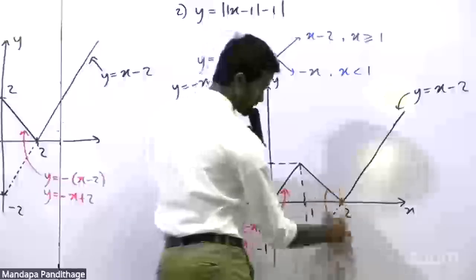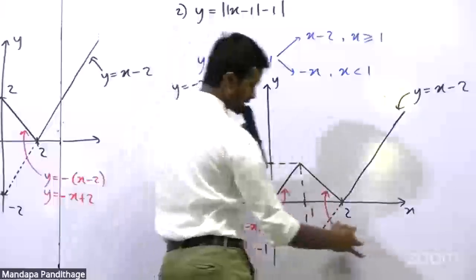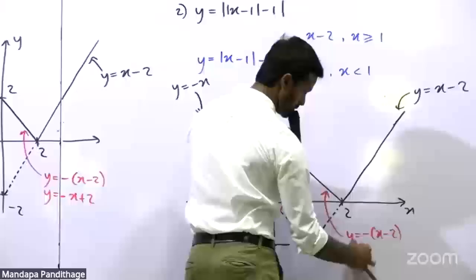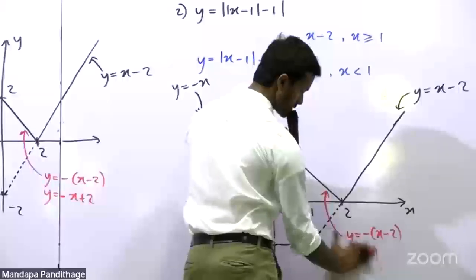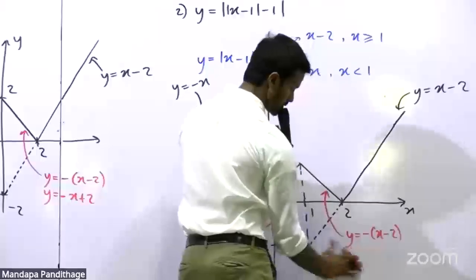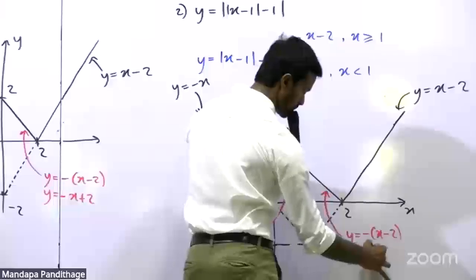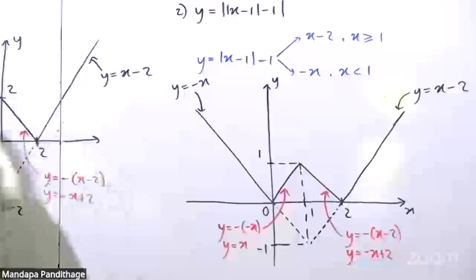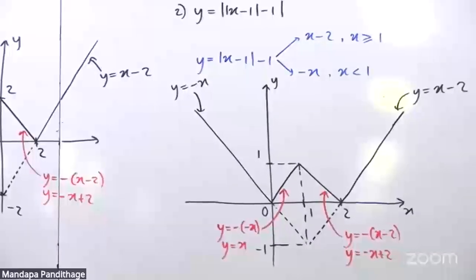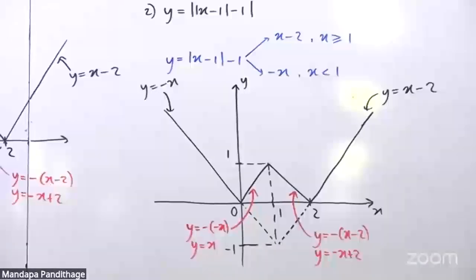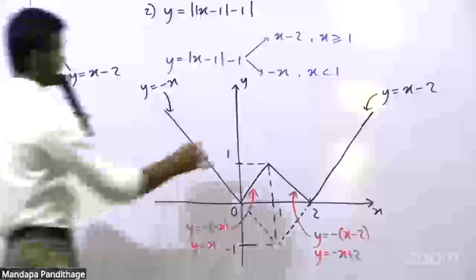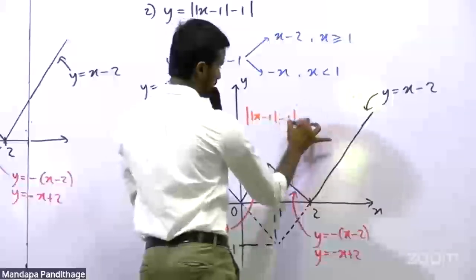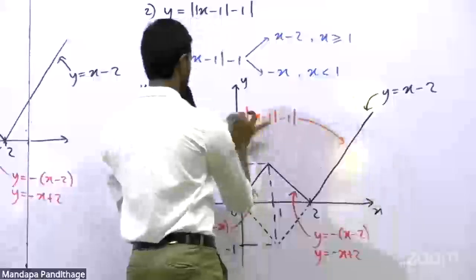And what has been mirrored is x minus 2, so the minus of that, you get y equals minus x plus 2. Clear. Okay, so this graph is what you get as the modulus of modulus x minus 1, minus 1.